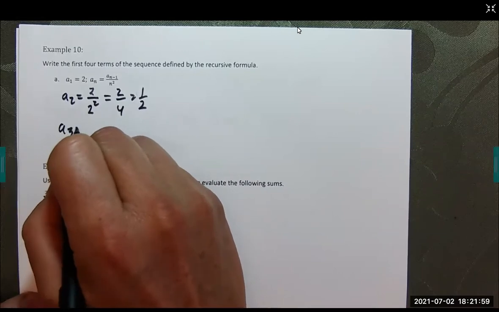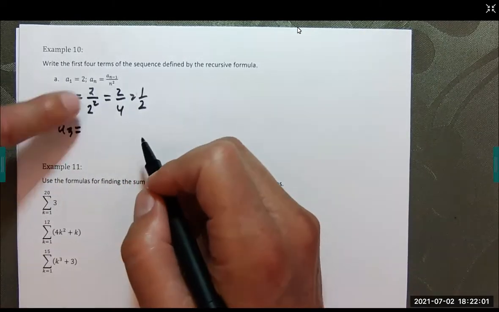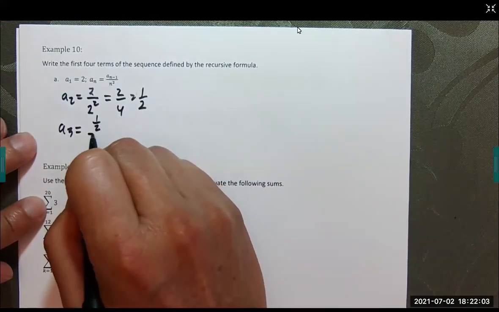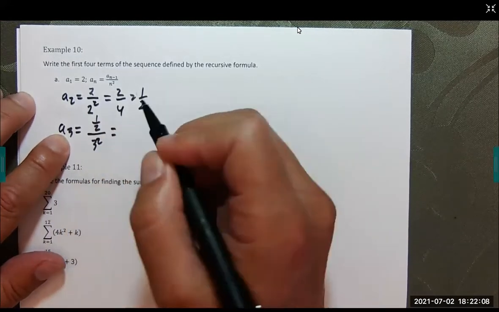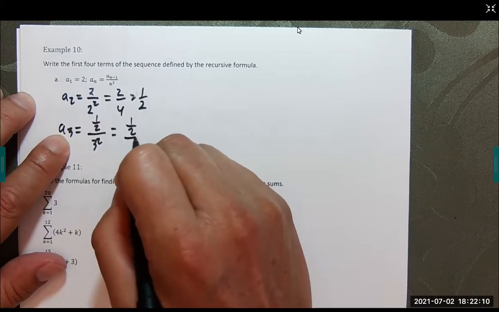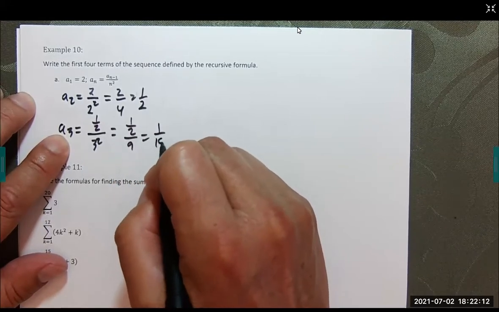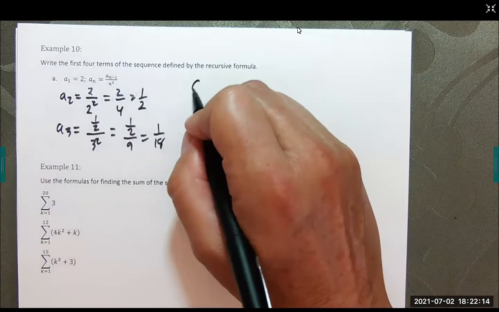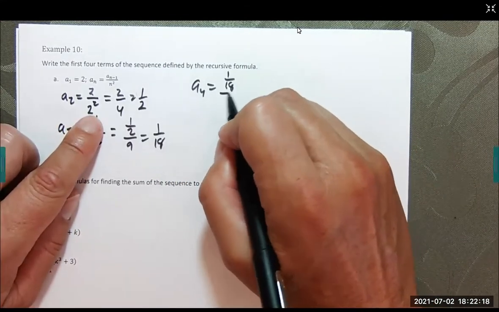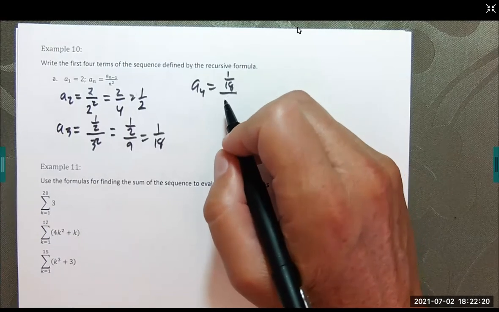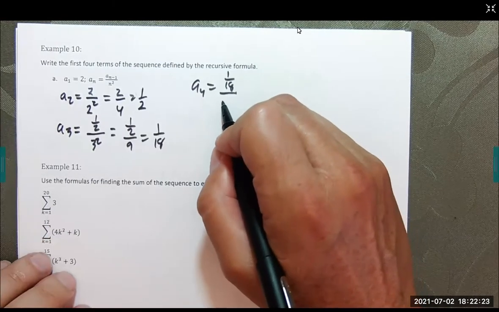A sub 3 is going to be the previous answer, which is 1/2, over 3 squared. Okay, over 9, times 1 over 18. Okay, so a sub 4 is going to be the previous answer, 1 over 18, over 4 squared.